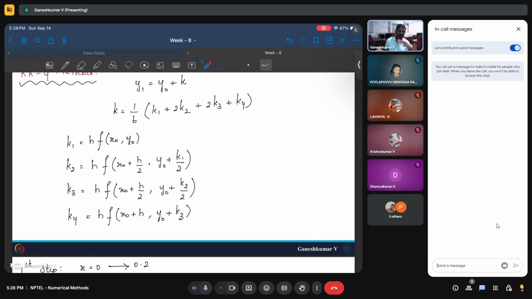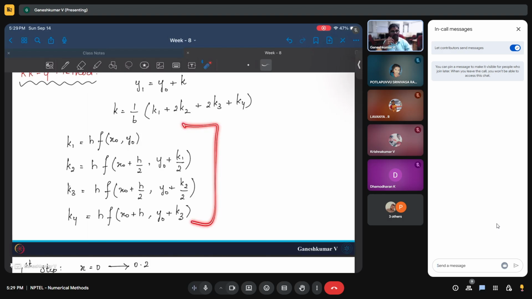As your method becomes more and more complex, your function evaluations keep increasing, and the amount of accuracy that you get will keep diminishing hereafter. So it's a point of diminishing returns. That's why people stop at RK4. If the system requires more accurate methods, then people spend enough time to use some other method.